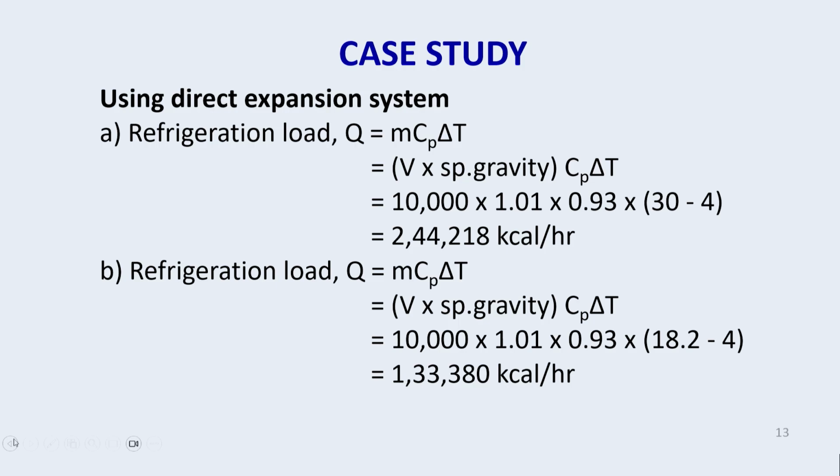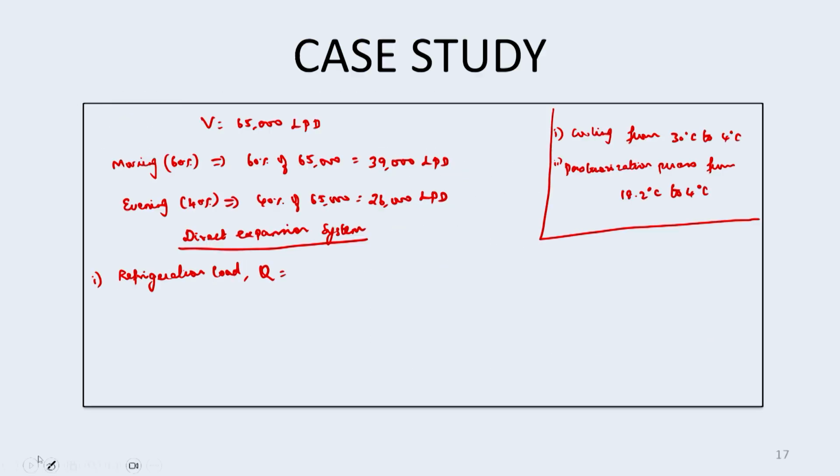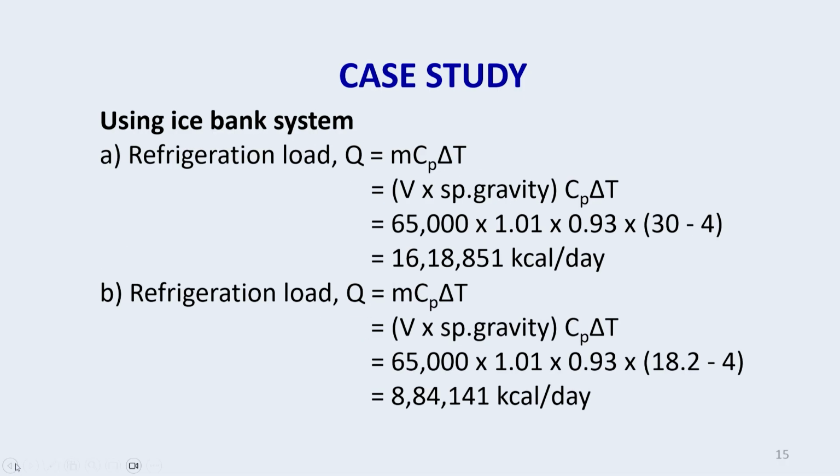The basic equation is m Cp delta T. Mass is volume into specific gravity, because the volume is given, into Cp into delta T. The volume is 65,000.